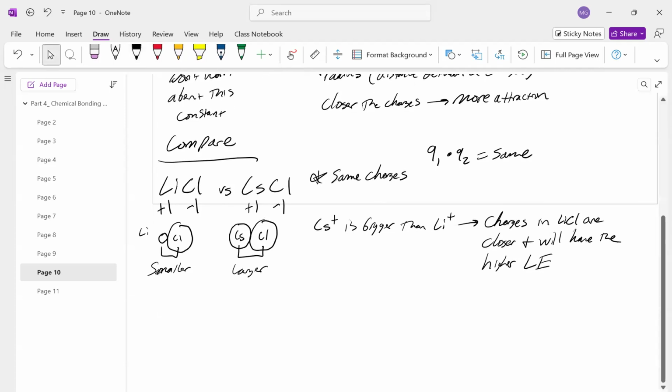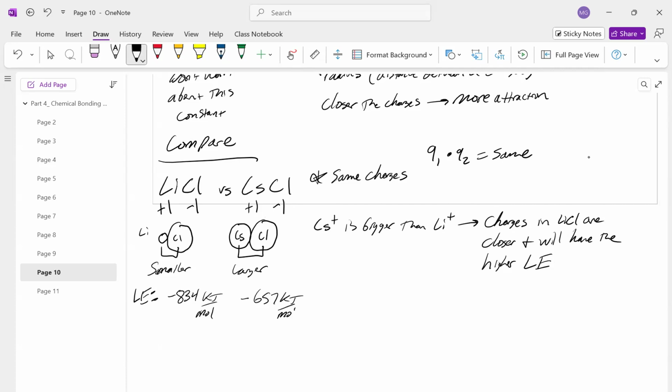In fact, if we look at the actual numbers, I don't want you to memorize these numbers. I'm using this just to compare. The lattice energy for lithium chloride is negative 834 kilojoules per mole. And for cesium chloride, it's negative 657 kilojoules per mole.